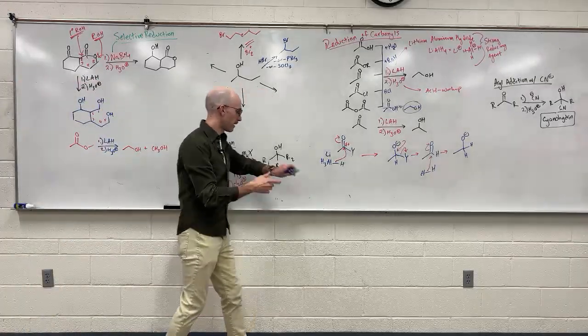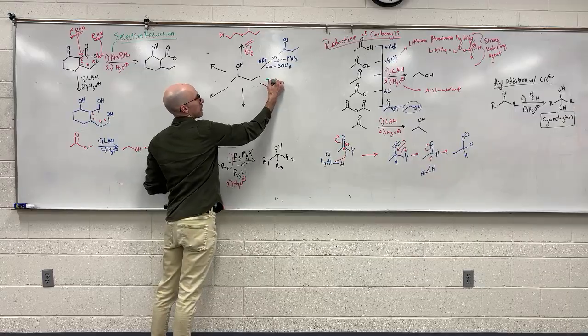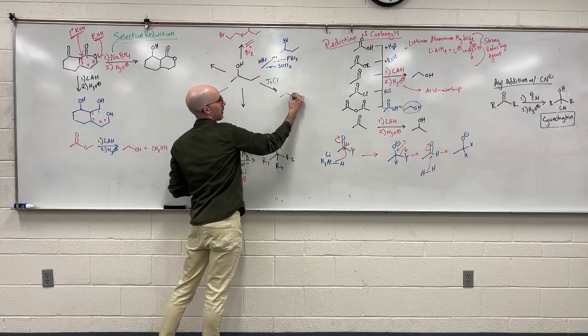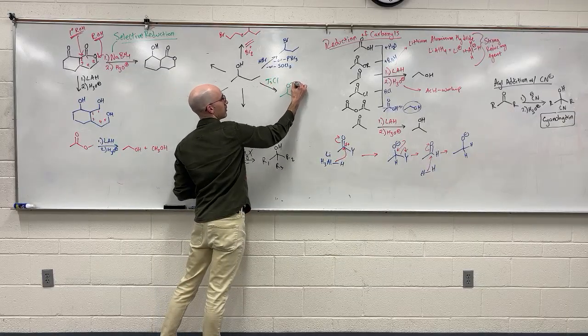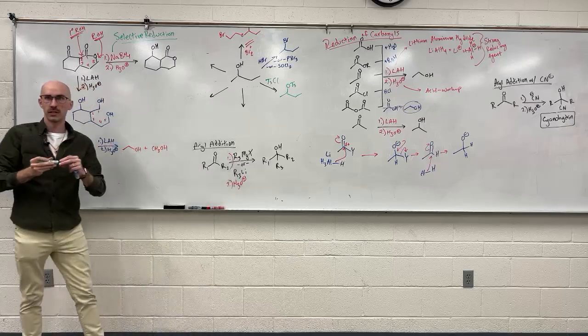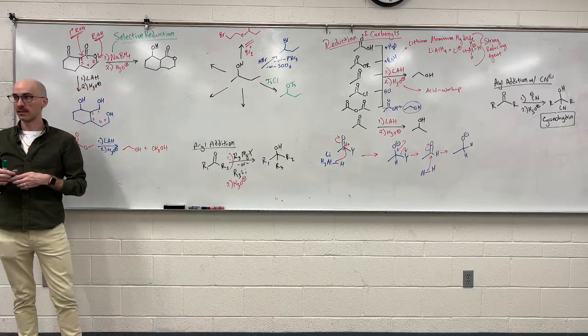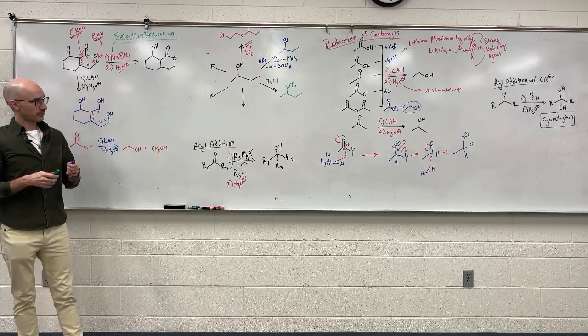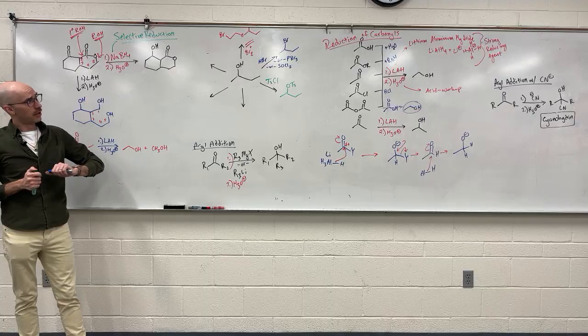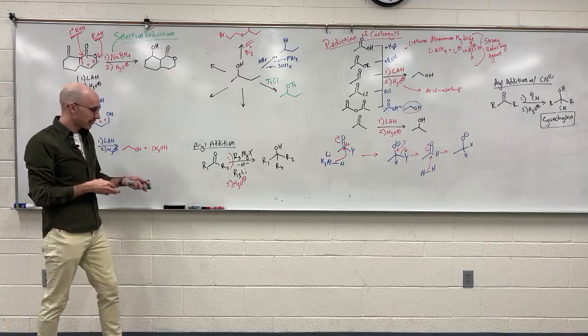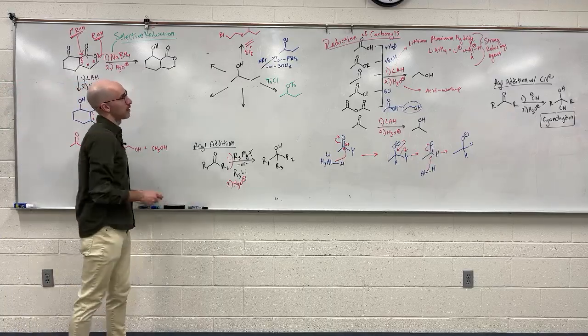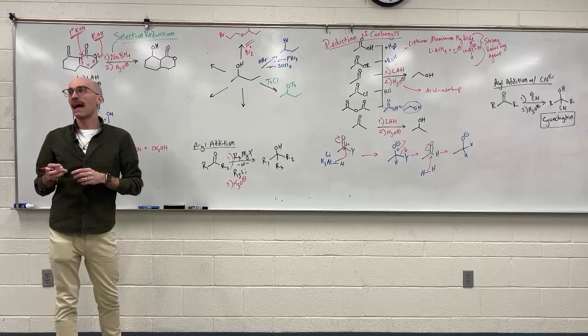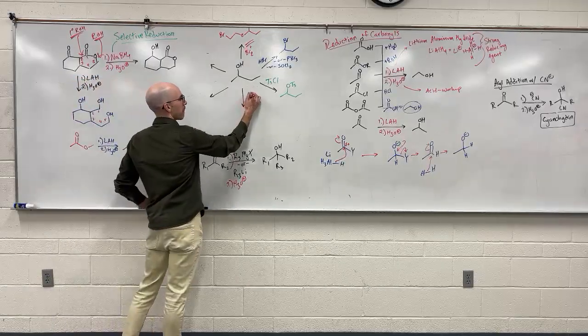We saw that we could use tosyl chloride, and I can turn my alcohol into a tosylate group, turn it into a pseudohalide. And then lastly, we saw that we could react these with alkyl halides.